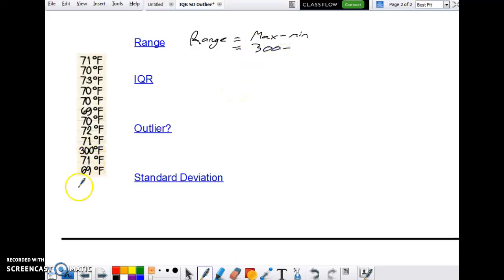Our min is 69, which means that our range is going to be 239. So that's our range. Easy. Interquartile range is IQR equals Q3 take Q1. Same maths, you just have to know what Q3 and Q1 are.